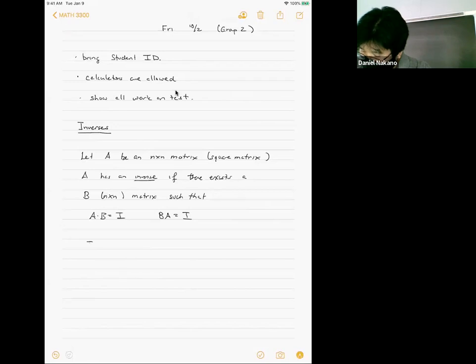And recall what the identity matrix was. It's just the matrix with ones down the diagonal and zeros everywhere else. So this is the n by n identity matrix.